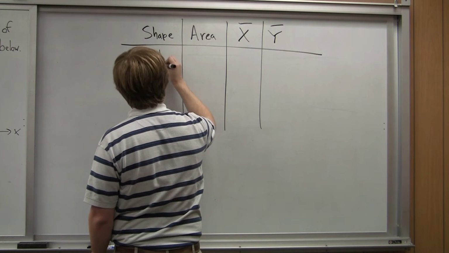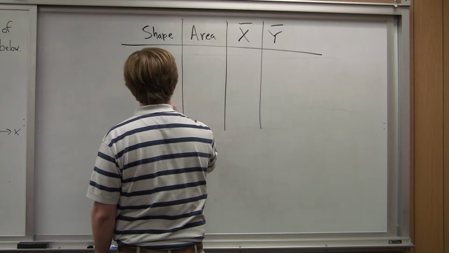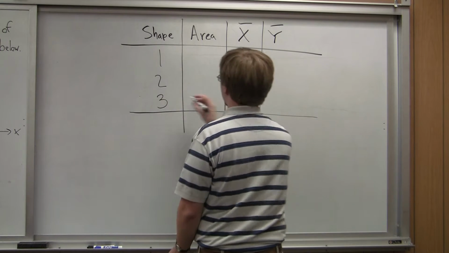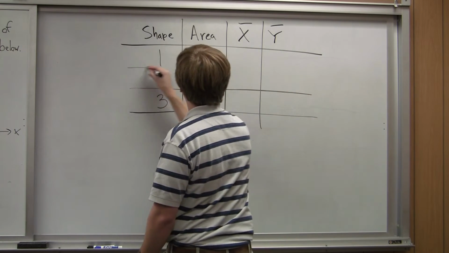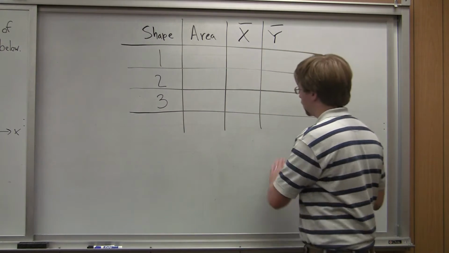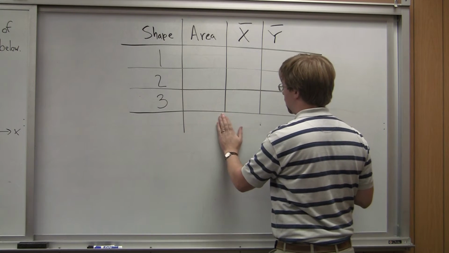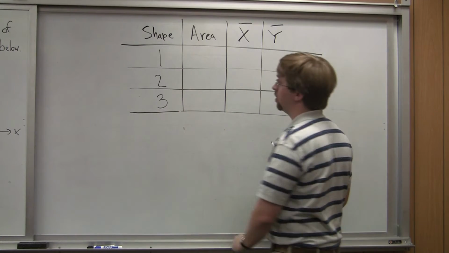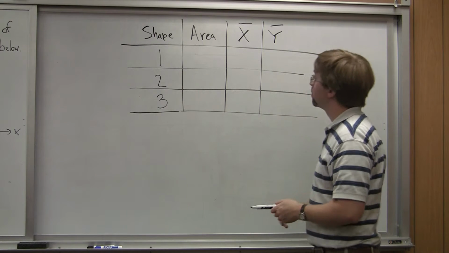And so I've got shape 1, 2, and 3. Creating this table is kind of the centerpiece of anytime we are going to use the method of composite parts.